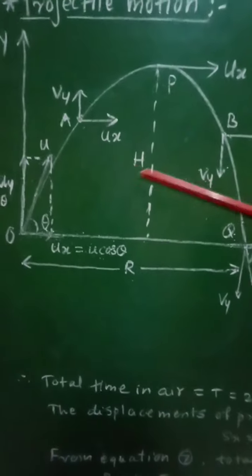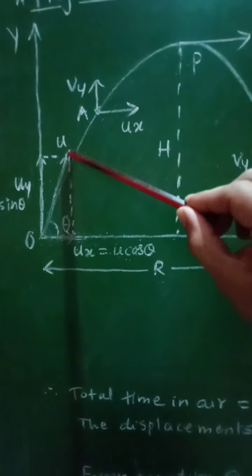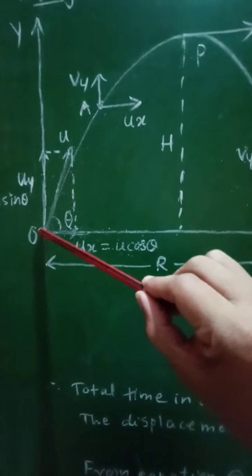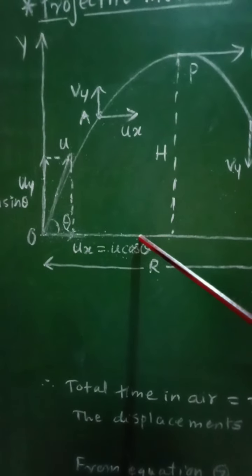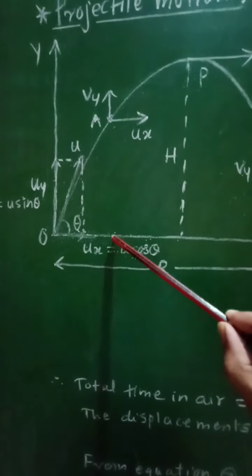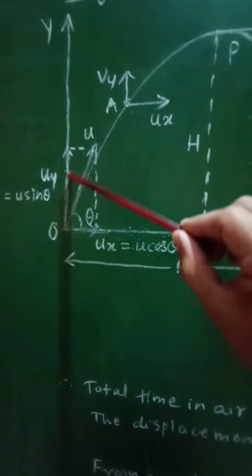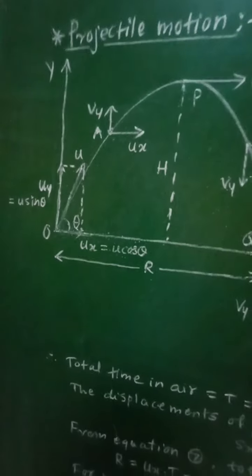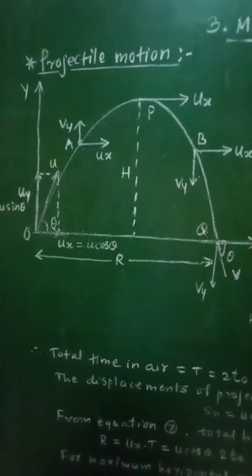So when any projectile is in motion, its velocity has two perpendicular components. One component is along the x direction, that is in the horizontal direction, and the second component is along the y-axis, that is in the vertical direction, when the motion of that projectile takes place in two dimensions, that is in a plane.